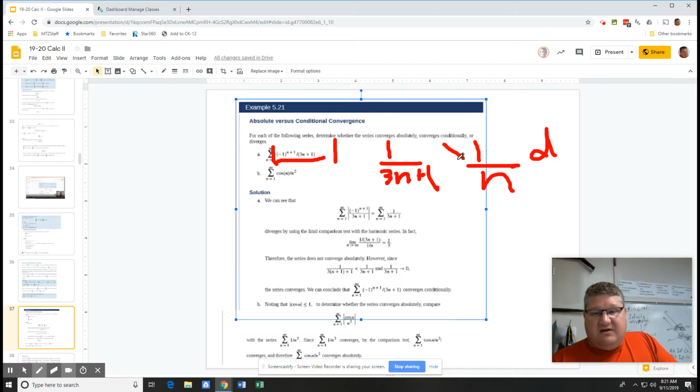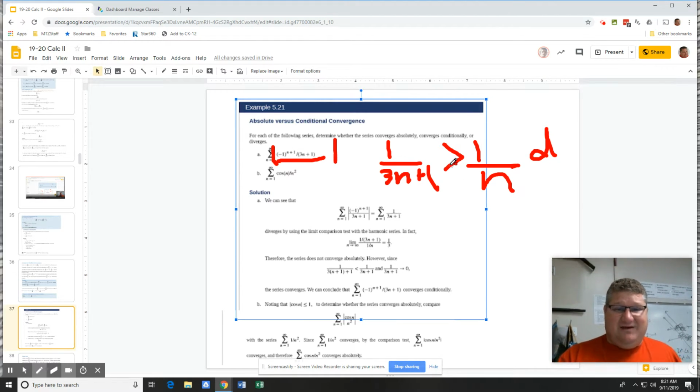Is this greater than 1 over n every time? We would say, yeah, that's definitely going to diverge either way. So we can see that the absolute value is this, and it diverges using the limit comparison test with harmonic; in fact, the limit is going to be 1/3. Therefore, the series does not converge absolutely.